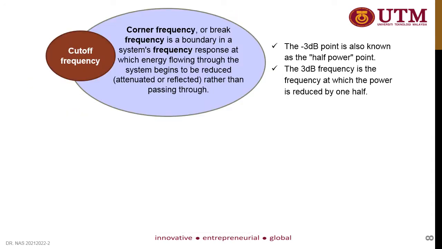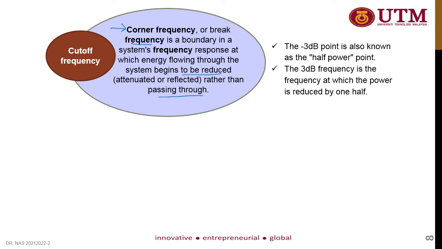Okay, this slide summarizes the basic information about cutoff frequency. It is also known as corner frequency or break frequency, in which it is a boundary in a system frequency response at which energy flow through the system begins to be reduced or attenuated rather than pass through.